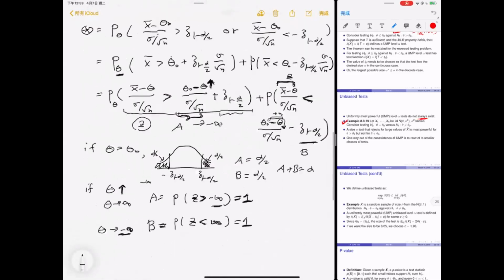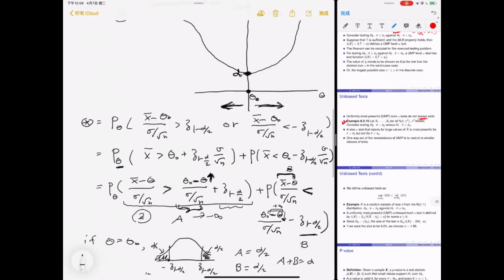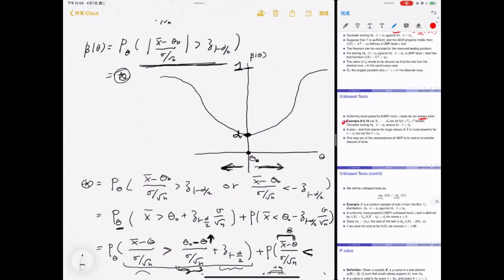So imagine what a UMP test is. A UMP test is a uniformly most powerful test. What does uniformly mean? Uniformly means my test is going to be more powerful at every theta point. That means in the whole space, at any point in my space, my power curve is going to be the largest among competing ones.